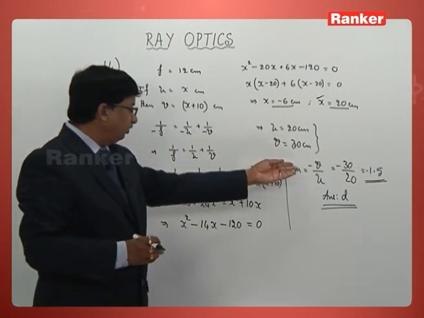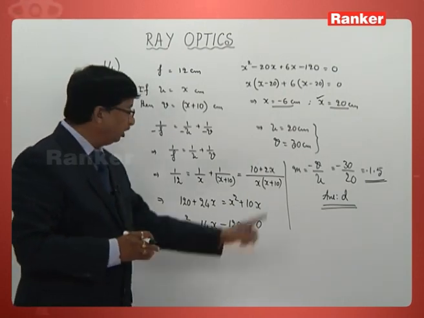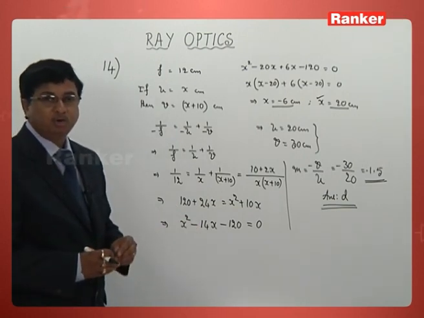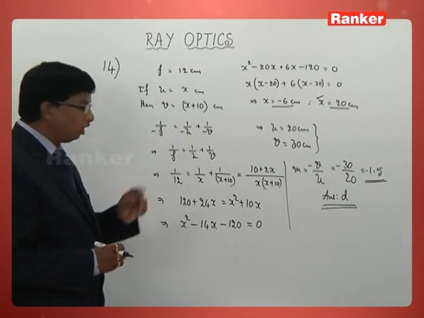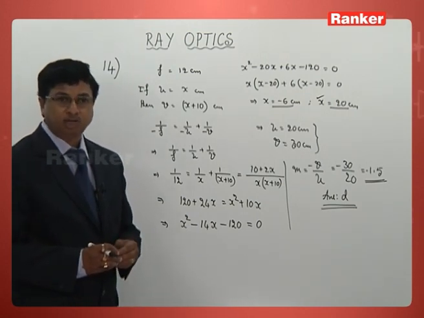Then what is magnification? It is image distance by object distance with a negative sign. So directly you can take the value as minus 1.5, which is the fourth option according to the given options of this problem number 14.